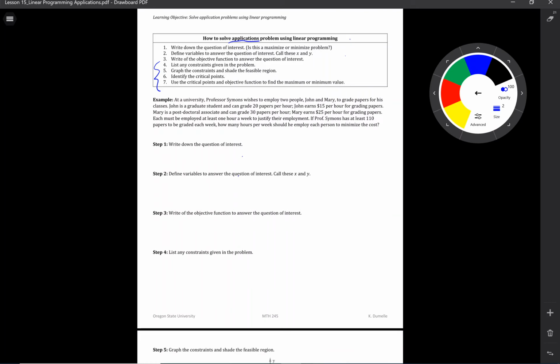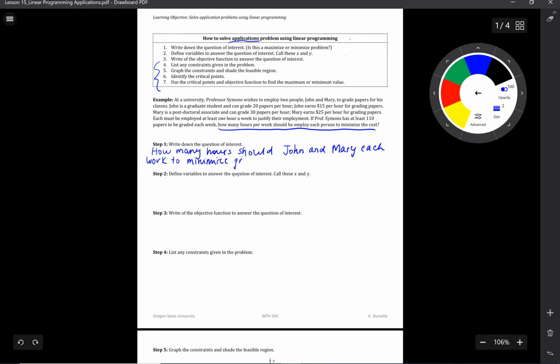So how many hours should John and Mary each work to minimize grading cost? This is the question that we want to answer.